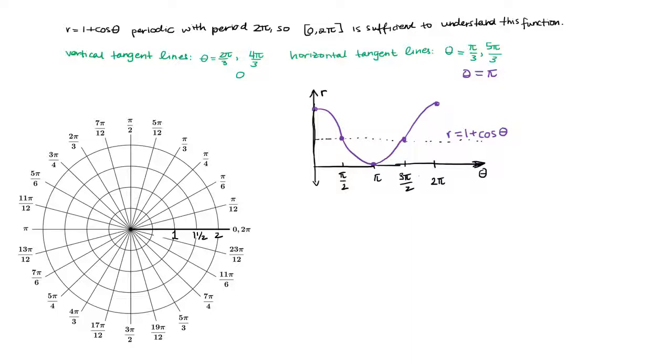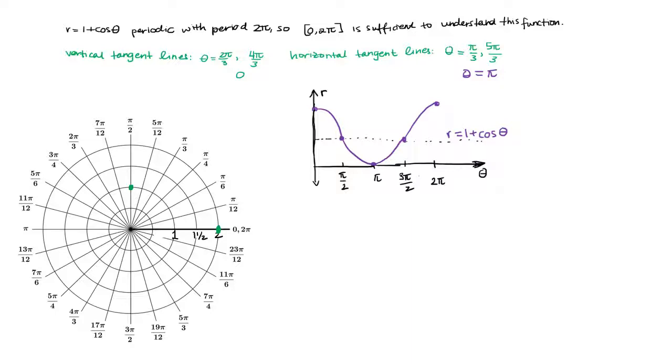Let's plot them. So at angle 0, we are out here at a radius of 2. At angle pi over 2, we are distance 1 from the pole. At pi, we actually are right up in there. We're on the pole.